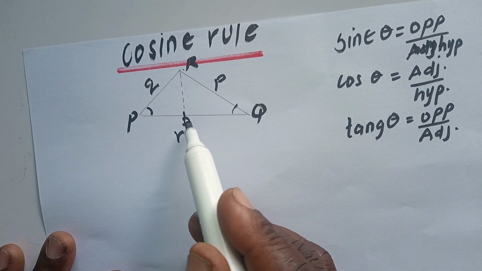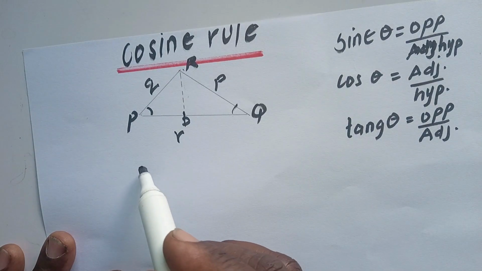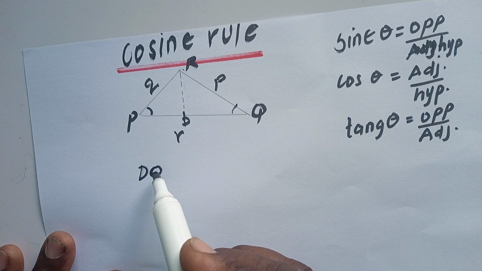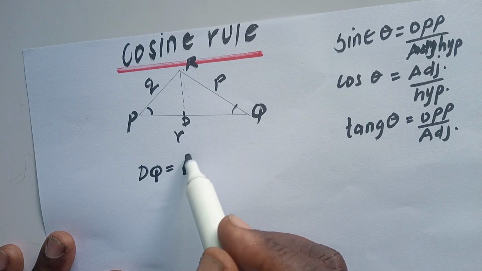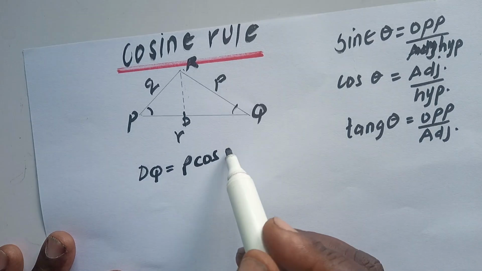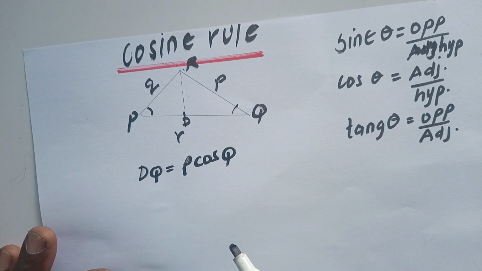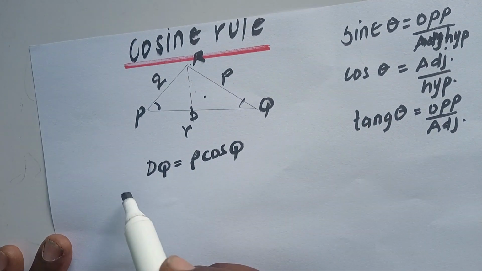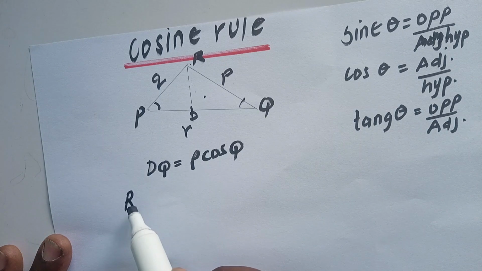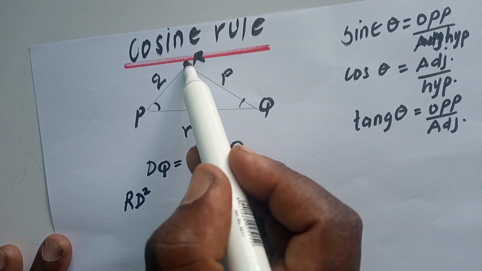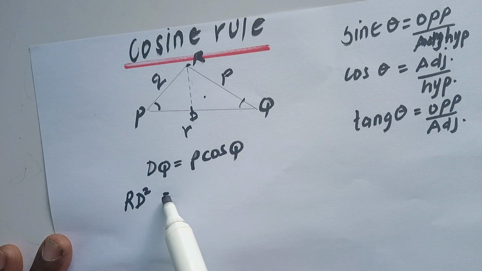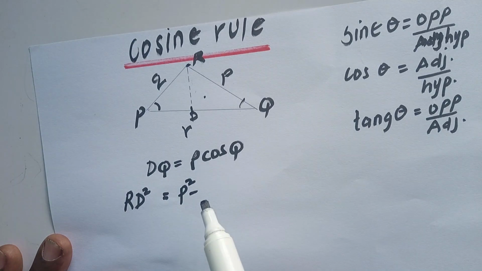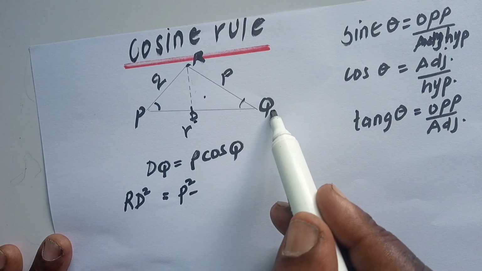So DQ is equals to small p cos Q for triangle A. And then RD squared is equals to P squared minus DQ squared.